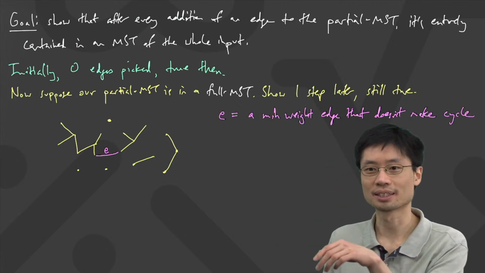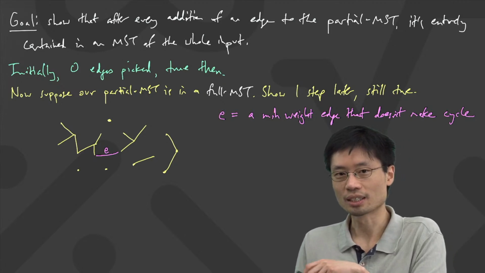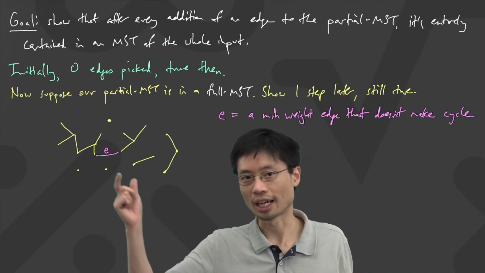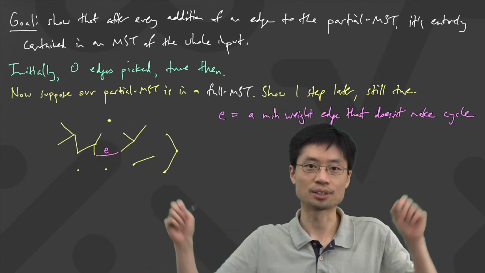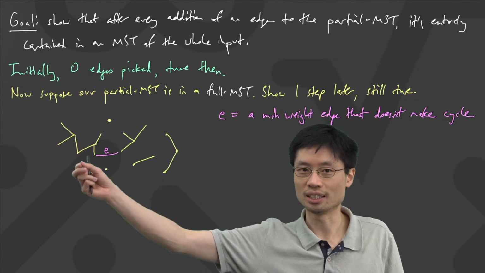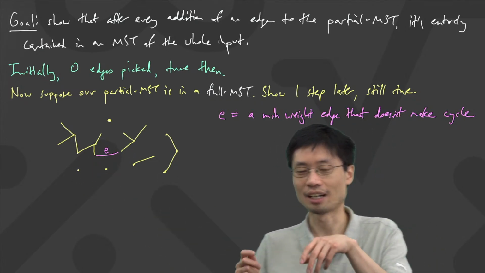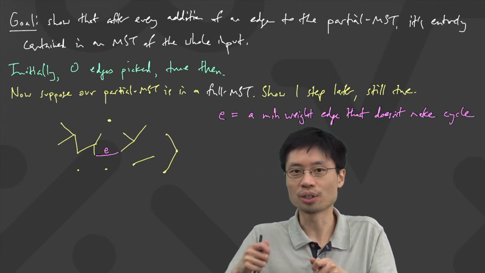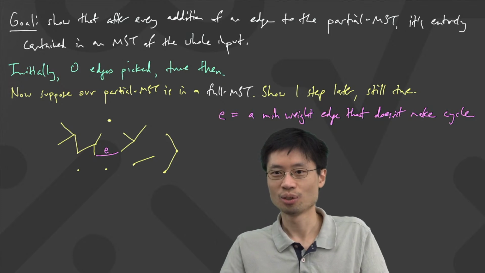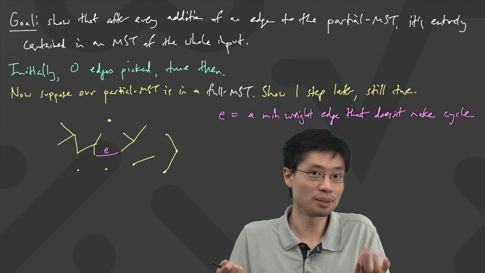Do you see any interesting thing about E? There's something nice about what this edge has to look like. If I look at this whole bunch of little trees that I've drawn so far, I happen to draw an E like this. Is there a general property that if I have drawn a bunch of trees so far, an edge that will not create a cycle, what is true about that edge? It's kind of nice, and maybe we'll even find it handy.